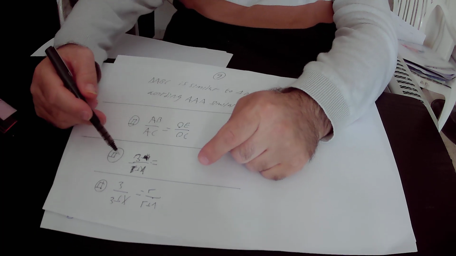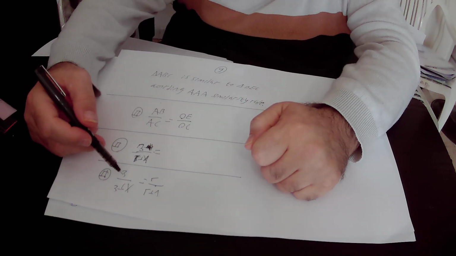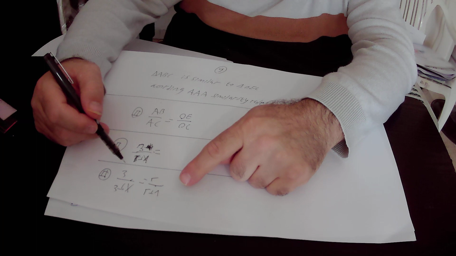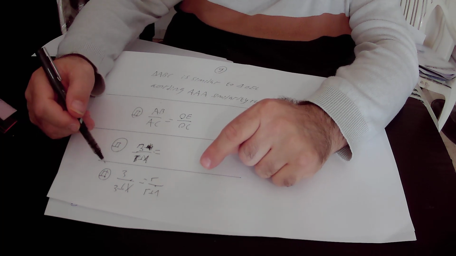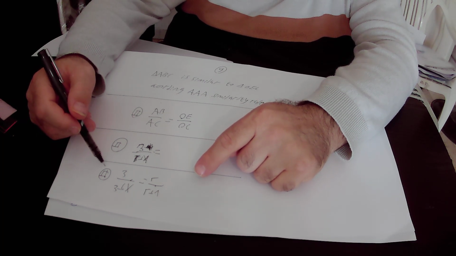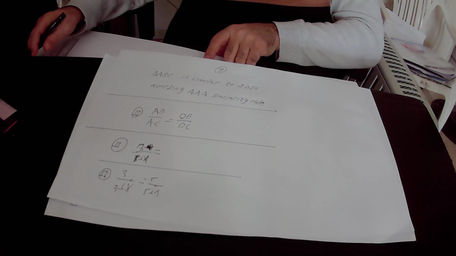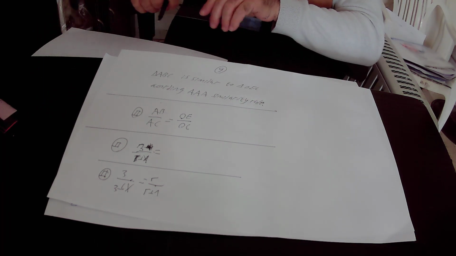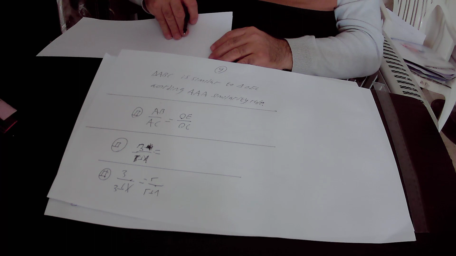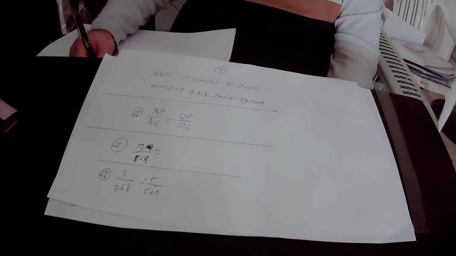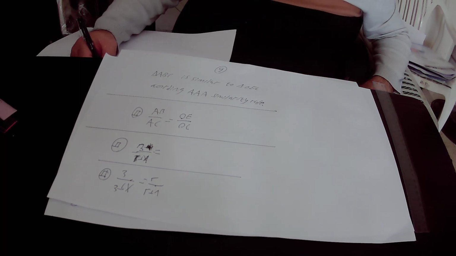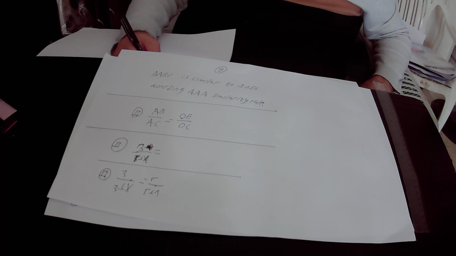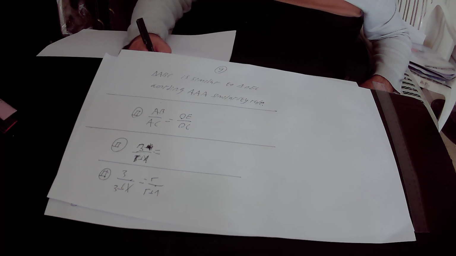So in total we got that 3 over 3 plus X equals R over R plus 1. Here we will cross multiply and we will get that 3 times R plus 1 equals R times 3 plus X.